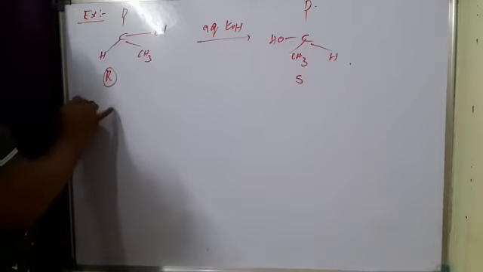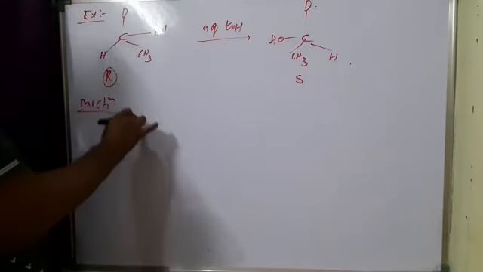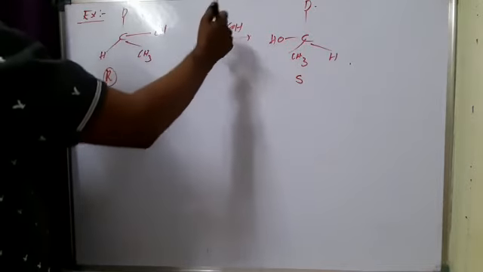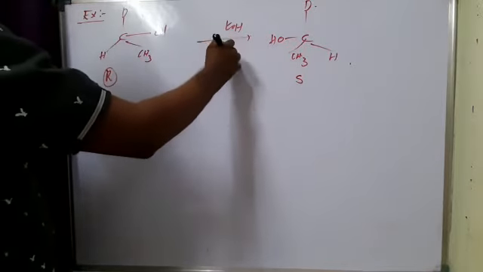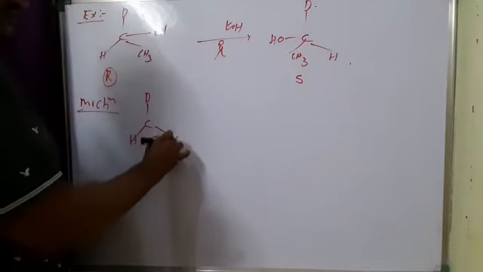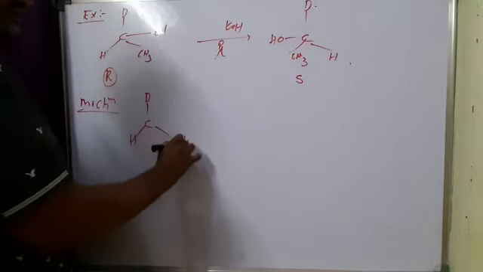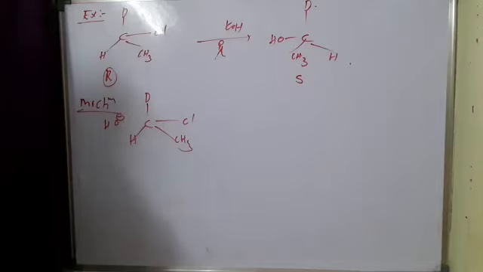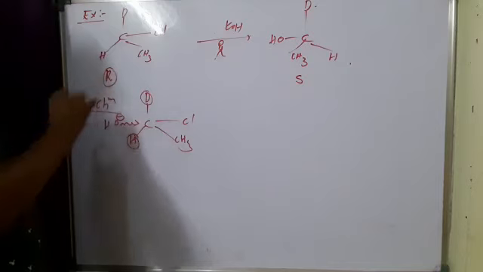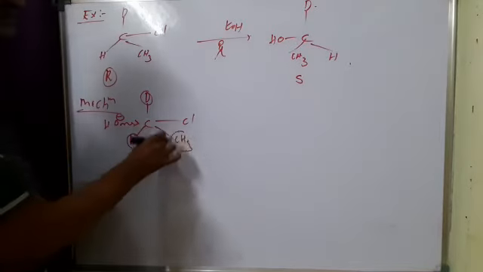So if you see the mechanism of this path, using KOH in the presence of acetone. Here OH minus attacks from the back side, because these are less hindered, small size groups.